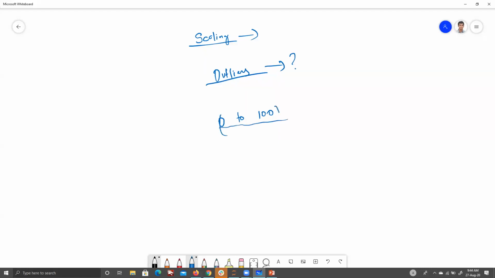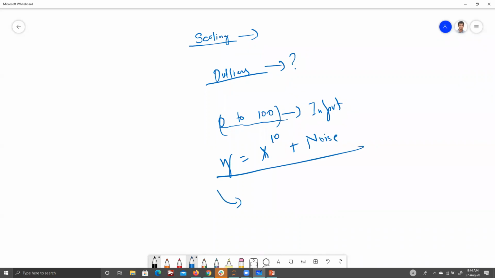So if my 0 to 100 is my input and my y mapping function is x to the power 10, plus some noise, and to do the regression successfully I basically use a min-max scaler.